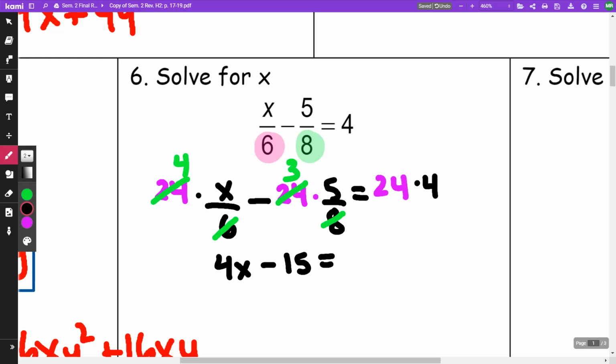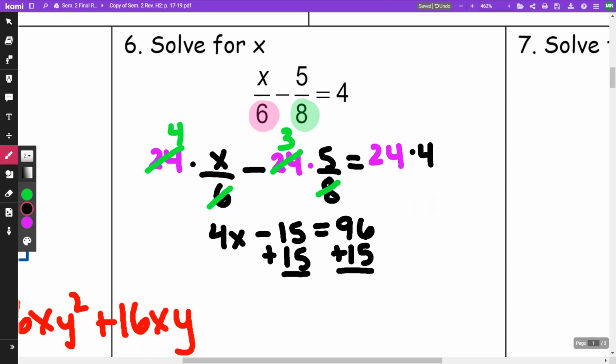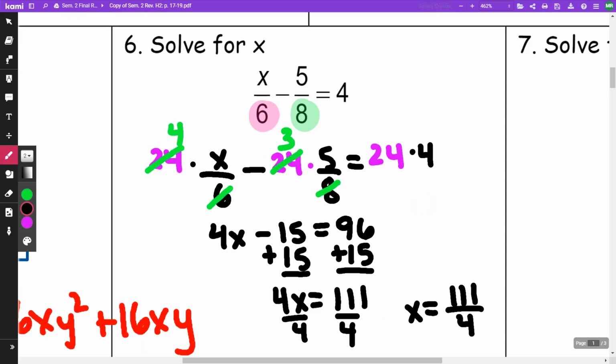And 24 times 4 is going to be a 96. I am going to add 15 to both sides, and I'm going to get 4x is equal to 111. Then I'm going to divide both sides by 4, and I'm going to get 111 over 4 as my answer.